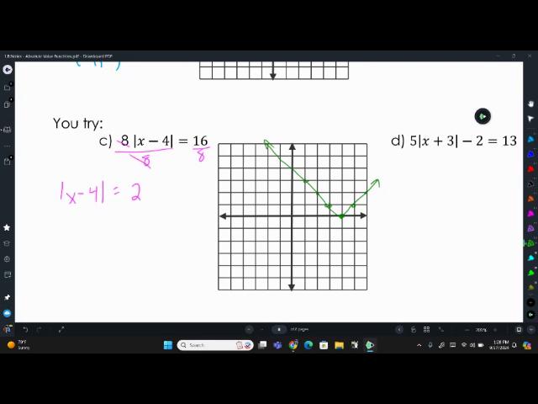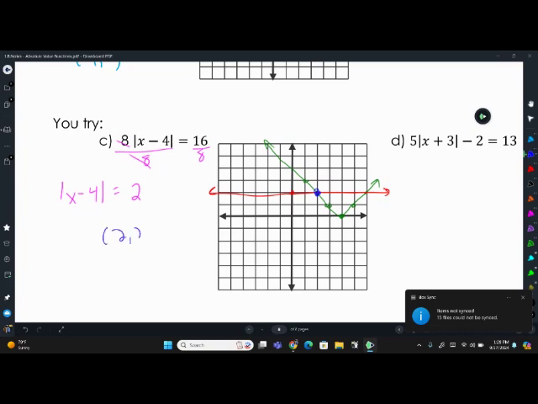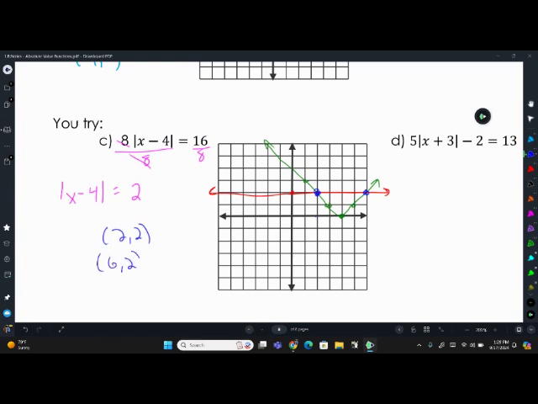That will always be the case when we're solving these absolute value graphs. And then y equals 2, 1, 2. So where do they touch? They touch here at 2, 2, and here at 1, 2, 3, 4, 5, 6, 2.